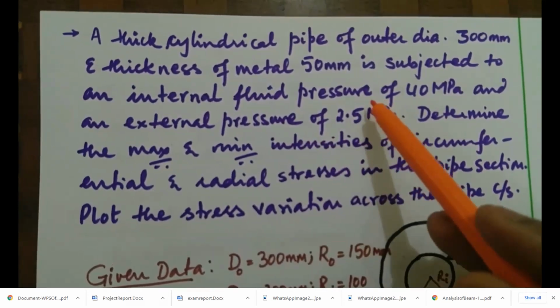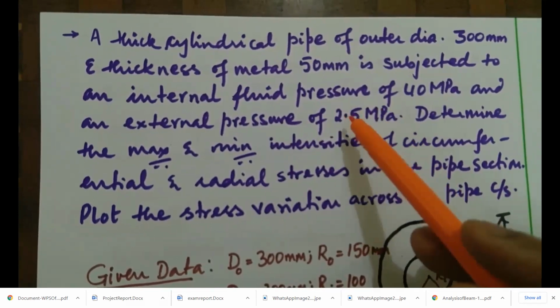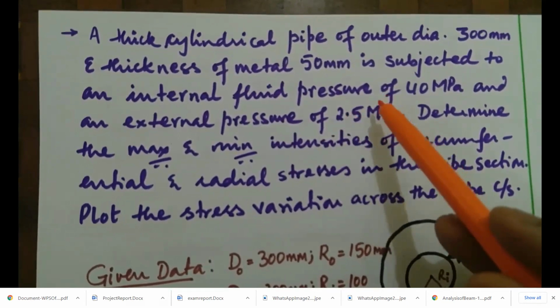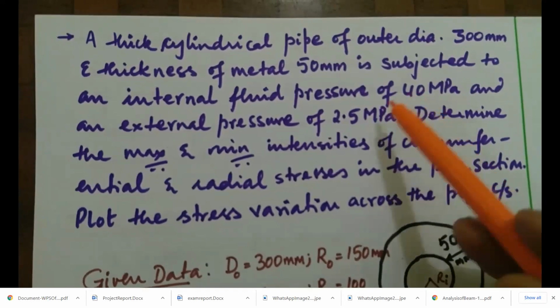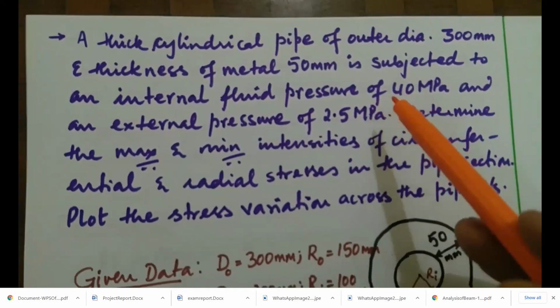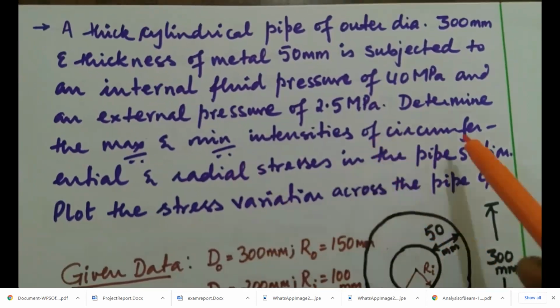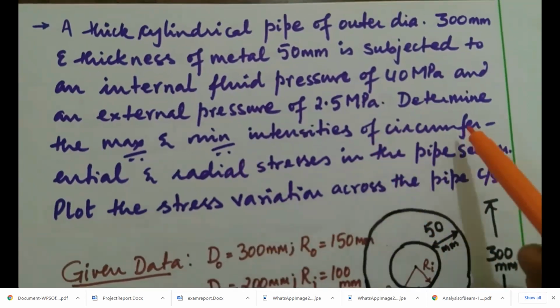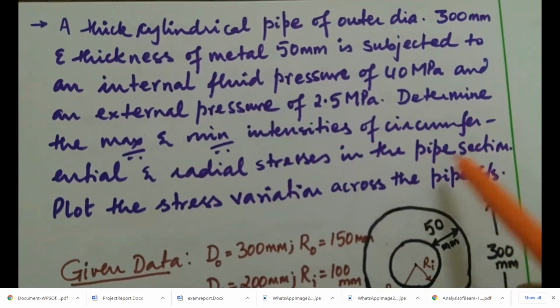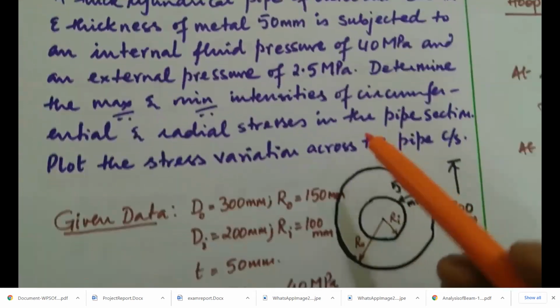Now we must realize that these fluid pressures are radial pressures and they must be considered negative. I have explained this in the previous video. We have been asked to find the minimum and maximum circumferential, that is hoop, and radial stresses in the pipe section, and also plot the stress variation.